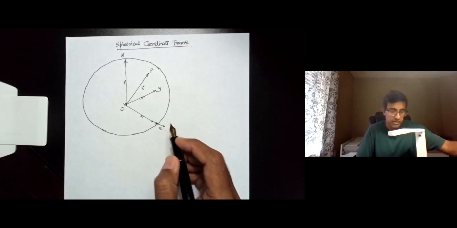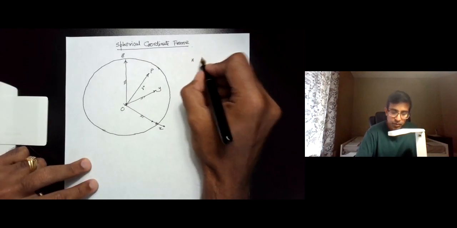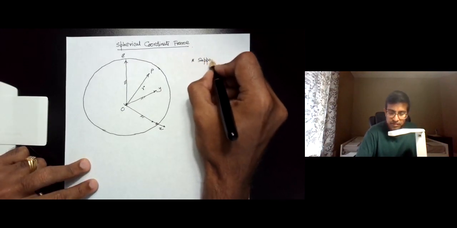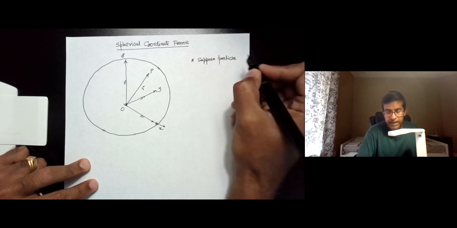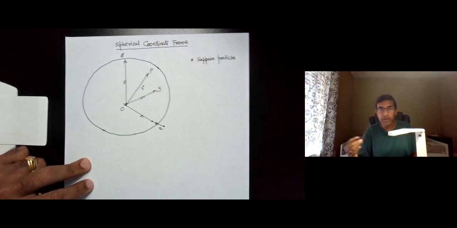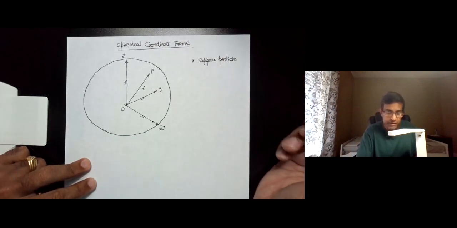So first suppose a particle, and this could be a particle, this could be a point on a rigid body, it is just a point of interest.